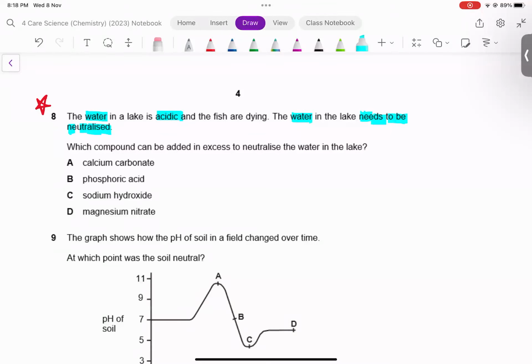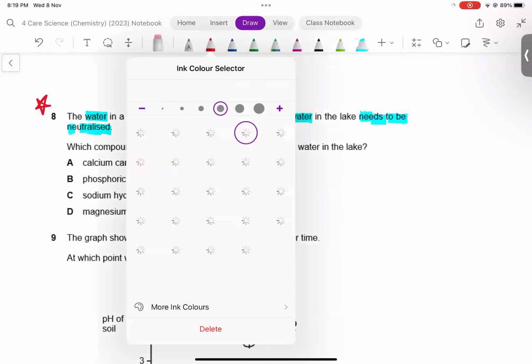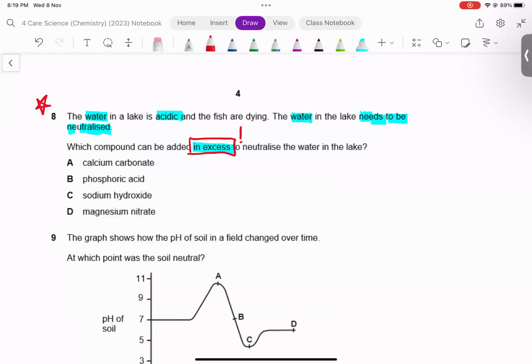All right, so what could neutralize the acid? Now, the key word here is not just about neutralizing the acid. They are asking you which compound can be added in excess to neutralize the water in the lake. This is a very important phrase you must pay attention to in this question.